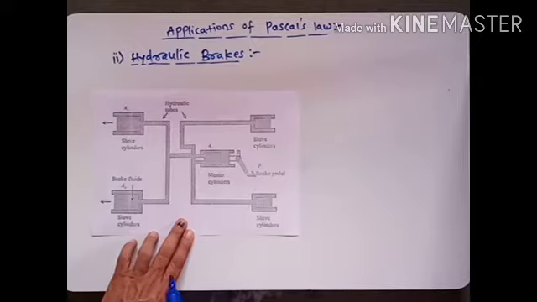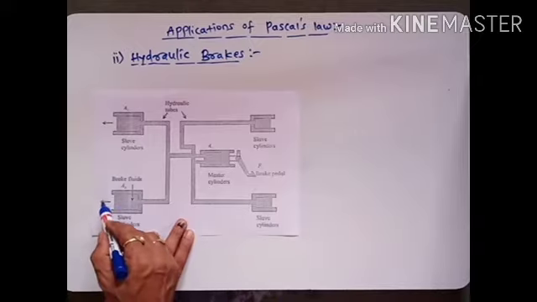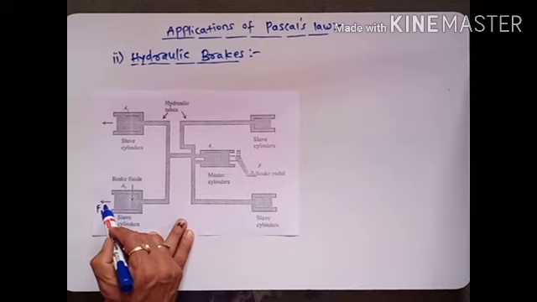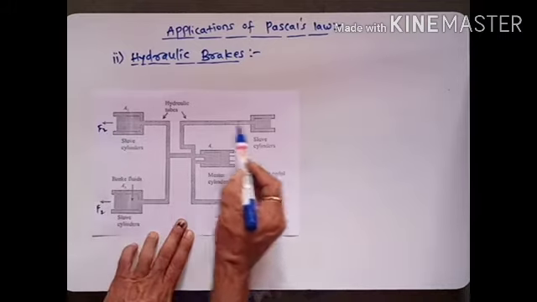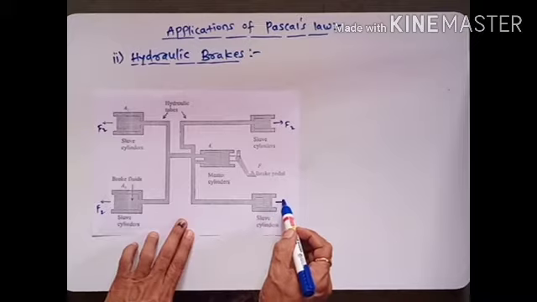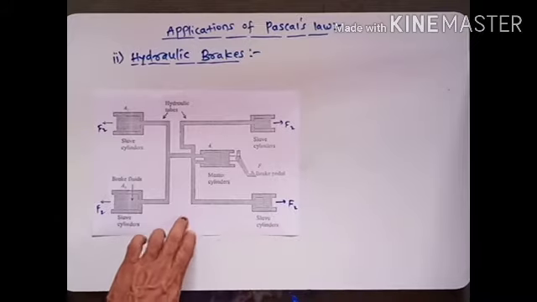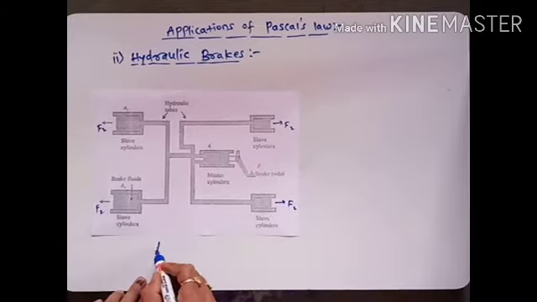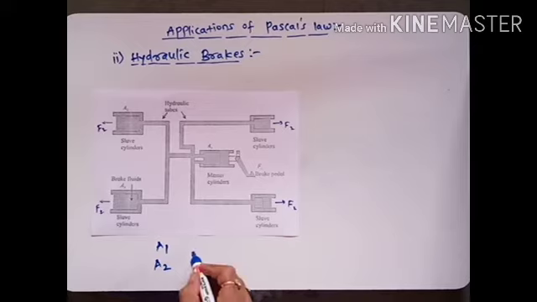Due to Pascal's law, we get forces F2 on the slave cylinders. Here A1 is the area of cross section of the master cylinder and A2 is the area of cross section of the slave cylinders, and A2 is greater than A1.